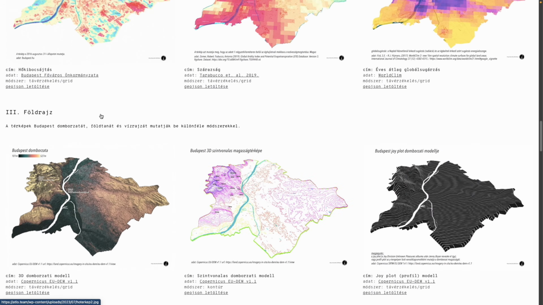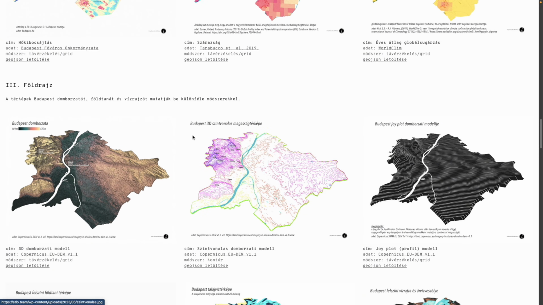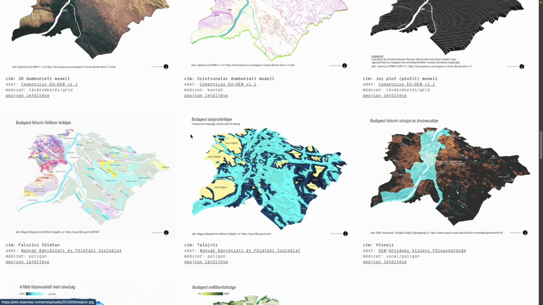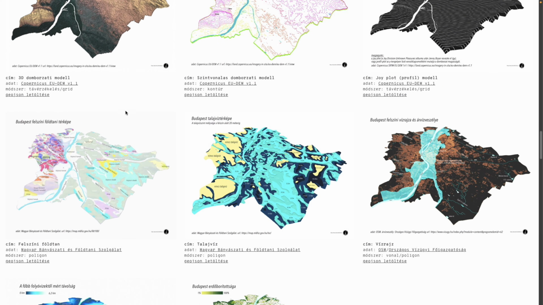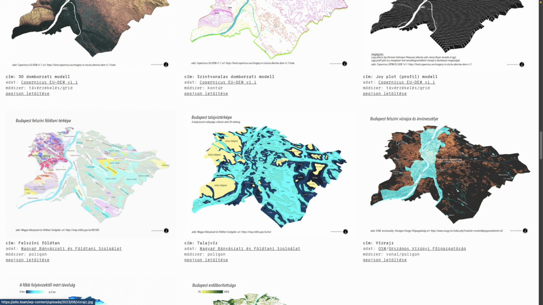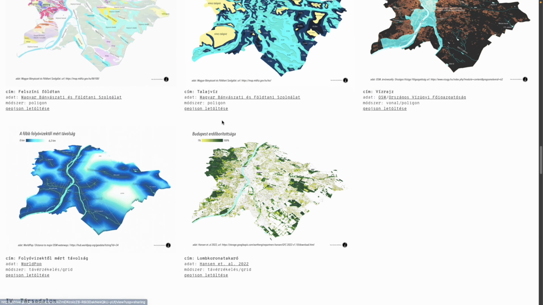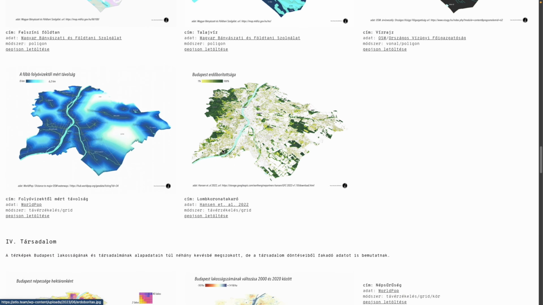It has natural geography, including elevation, different water-related maps, and also land cover and even tree canopy.